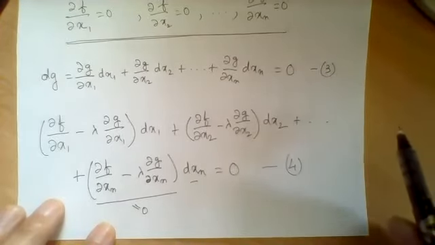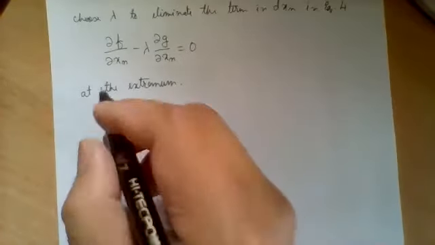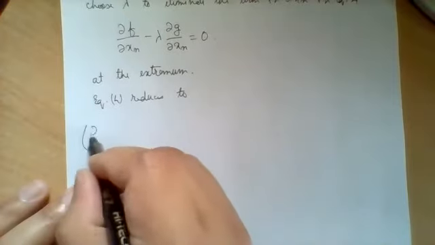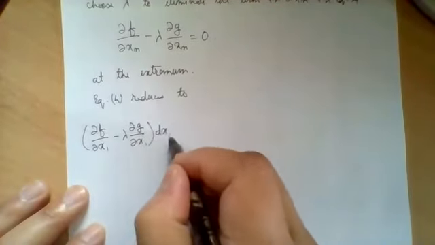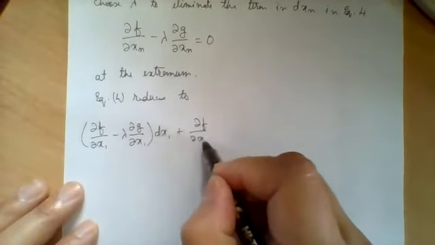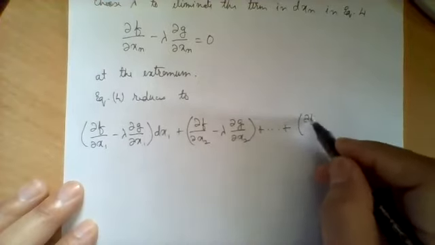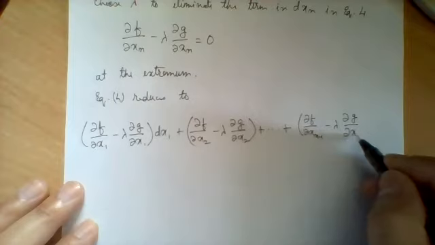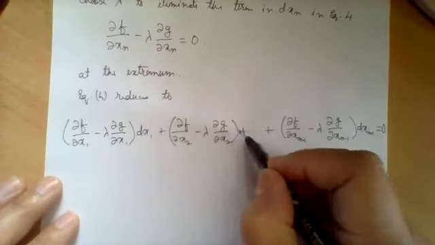Equation 4 reduces to del f by del x1 minus lambda del g by del x1 times dx1, plus del f by del x2 minus lambda del g by del x2 times dx2, and so on till del f by del x n minus 1 minus lambda del g by del x n minus 1 times dx n minus 1. This is equal to 0.